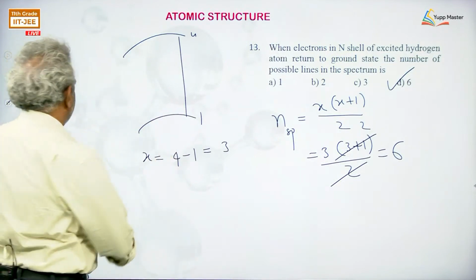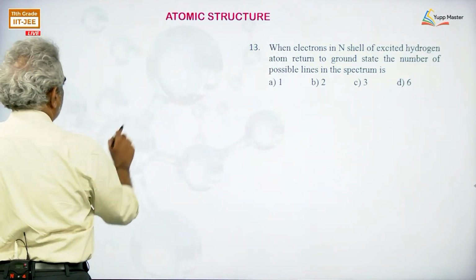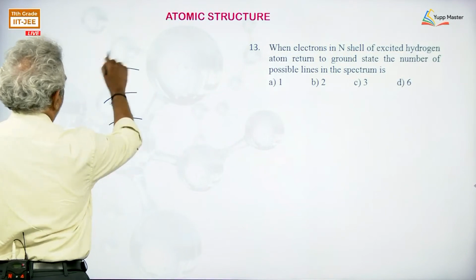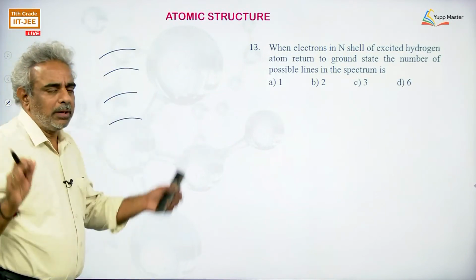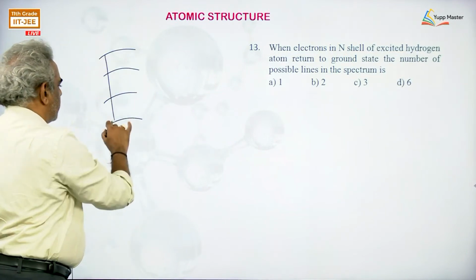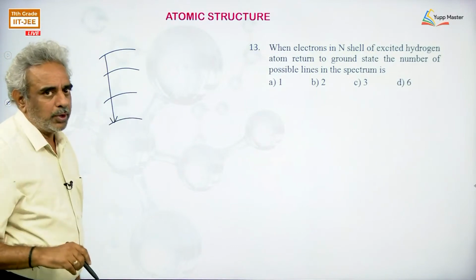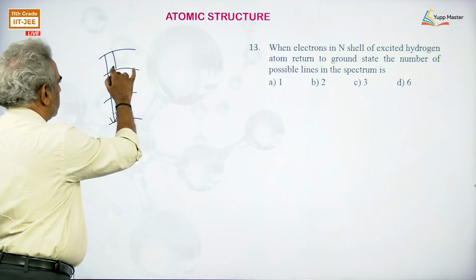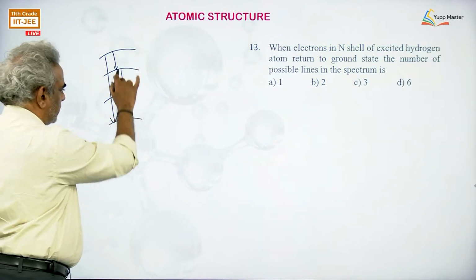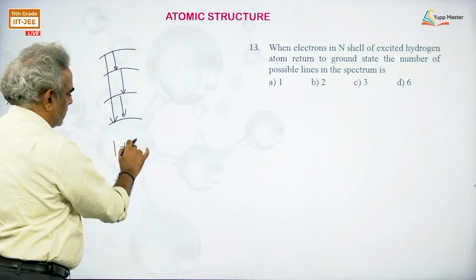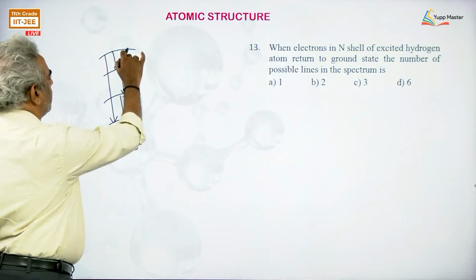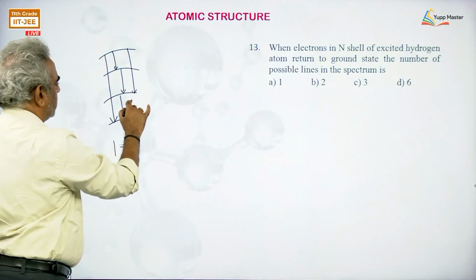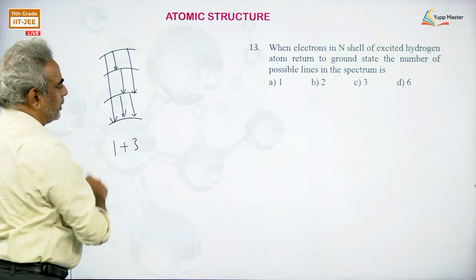Physically, how can you tell like this? 1, 2, 3, 4 and so many atoms are there. The electron may directly fall, one spectral line. The electron may fall from here to here, here to here, 3 spectral lines. So, 1 plus 3, or the electron may fall directly here and then here, and this is a repetition.